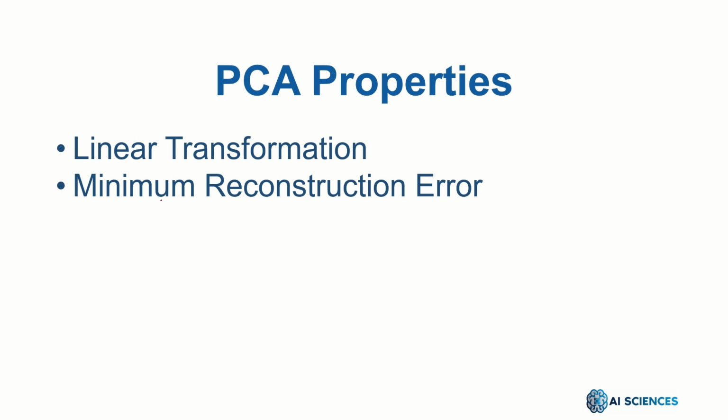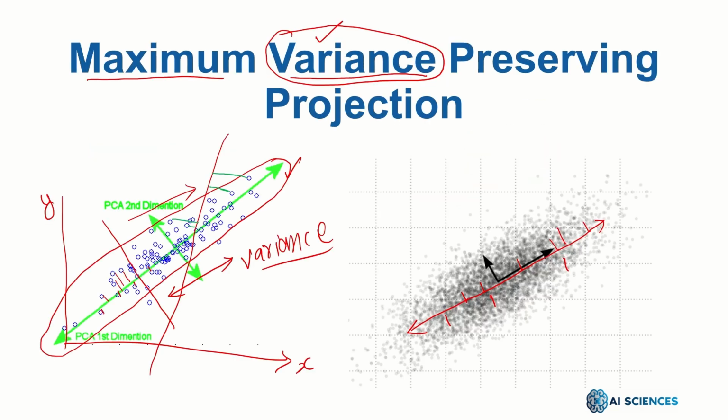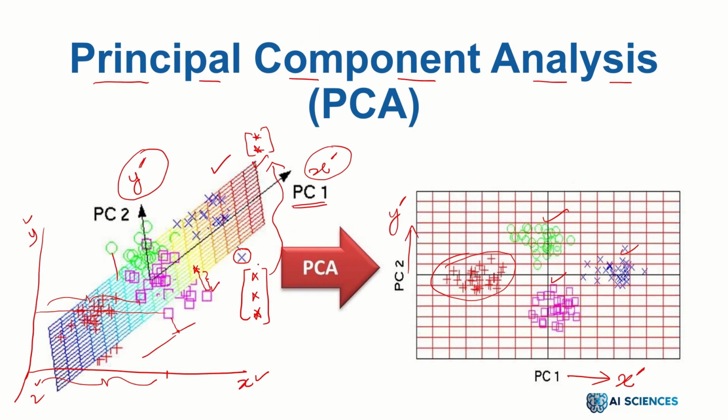Further, it turns out that as PCA preserves the maximum variance, it also preserves the reconstruction error, which means if you have projected your data onto the subspace and you want to reconstruct the data back using these axes, x dash axis and y dash axis, think about this projection as compression. You compress the data, and now you want to decompress the data.